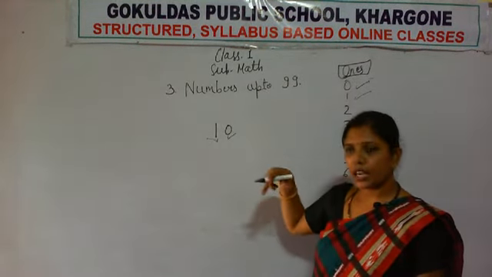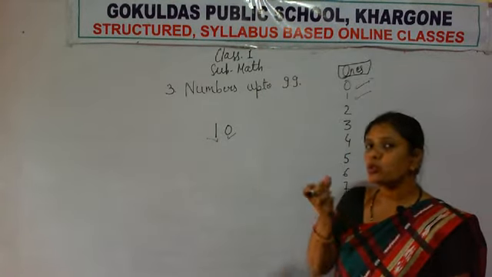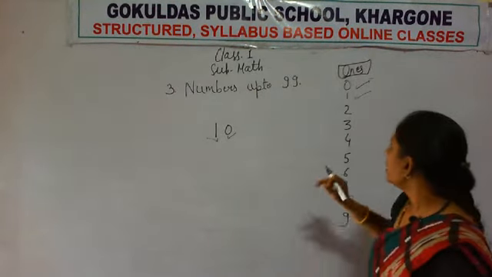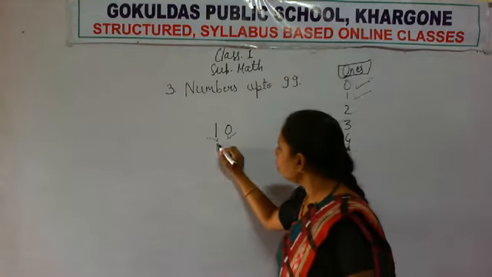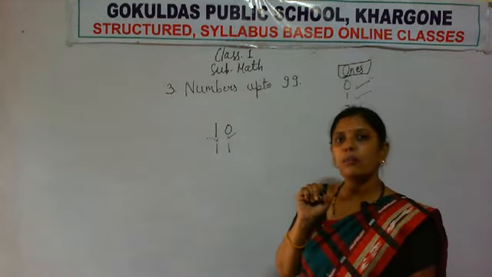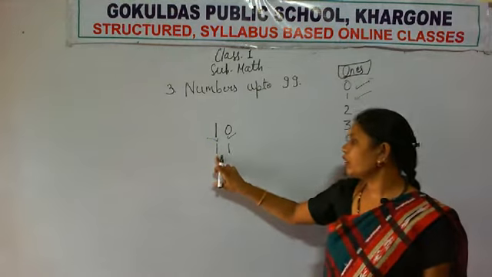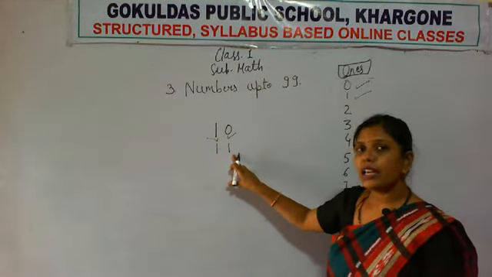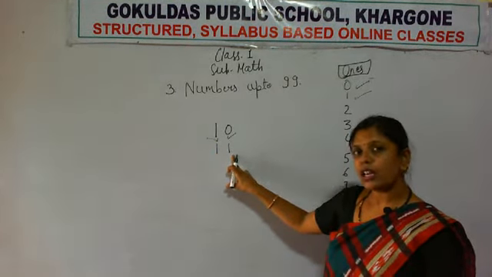Okay. Again, if we use 2 different digits, suppose 1 and 1 I am writing, then a new number will form, and we read this number as 11.